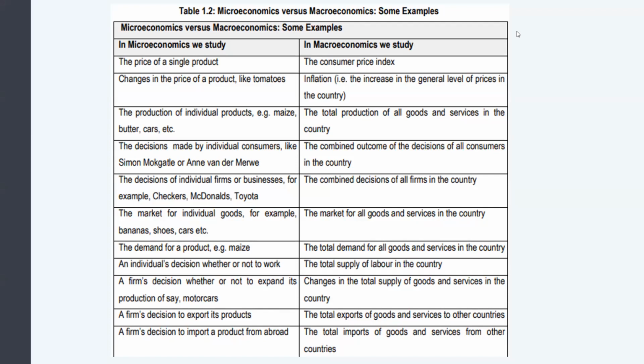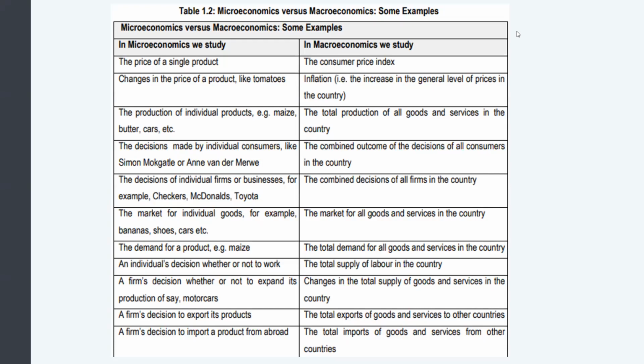That's what I'm talking about when I'm under microeconomics. But when I go to macro, I'm no longer looking at tomatoes. I'm looking at tomatoes, beans, bread, everything. So I'm saying the general price level of everything in South Africa is either going up or going down. So you can see that difference in perspective.